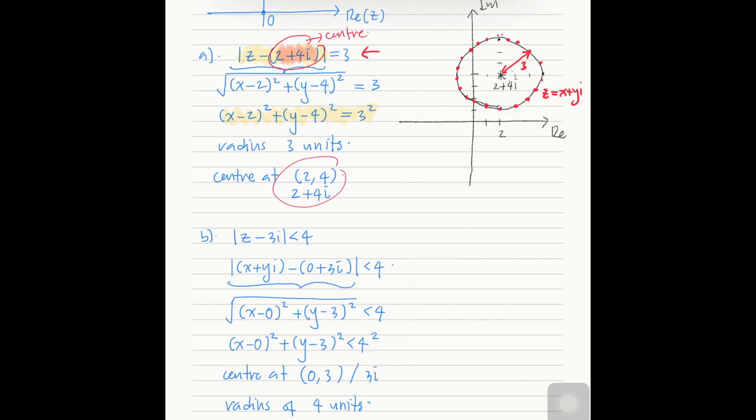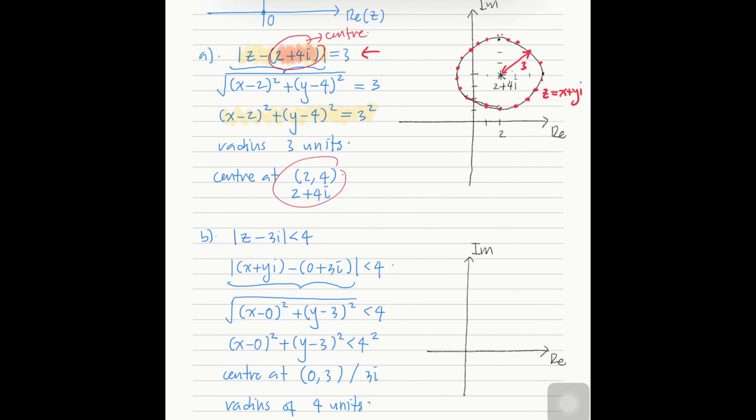How do we sketch it? We sketch the axes first: real axis, imaginary axis.